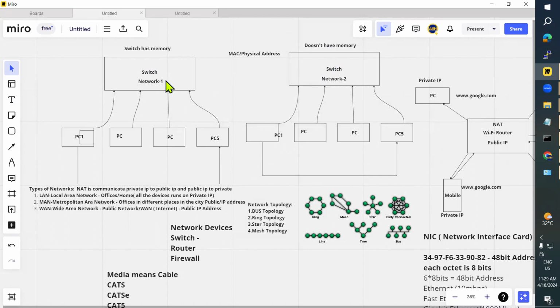I want to communicate these two networks.